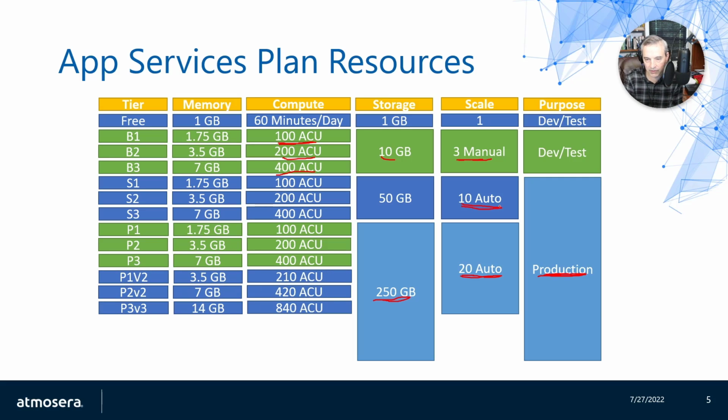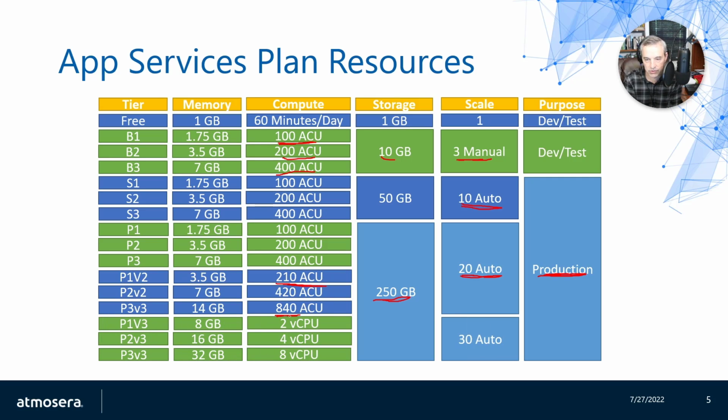And then you have the V2 tier, which basically incremented. It's at the baseline at 210 ACUs, and then the scale was an additional tier for the P3, which had an 840, which is basically a 4-core type setup for the applications on this one.